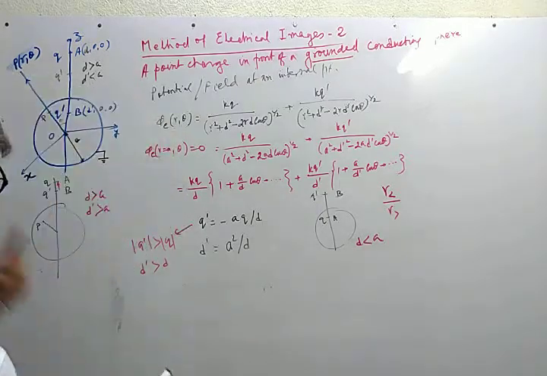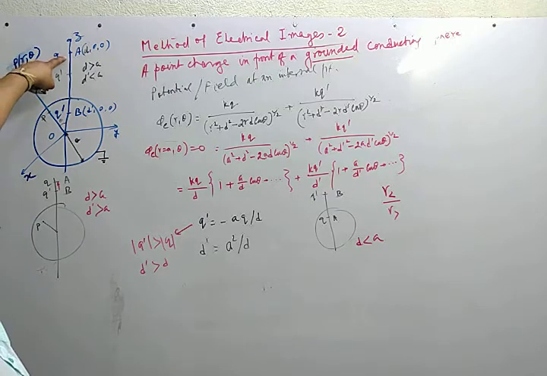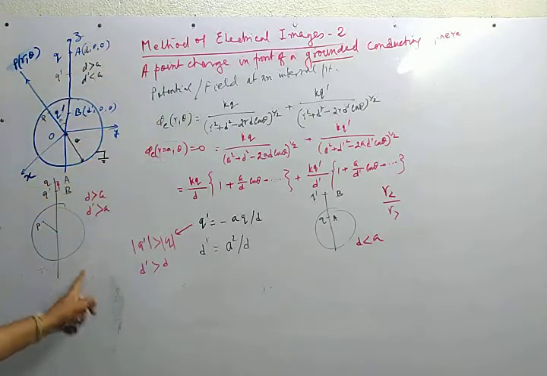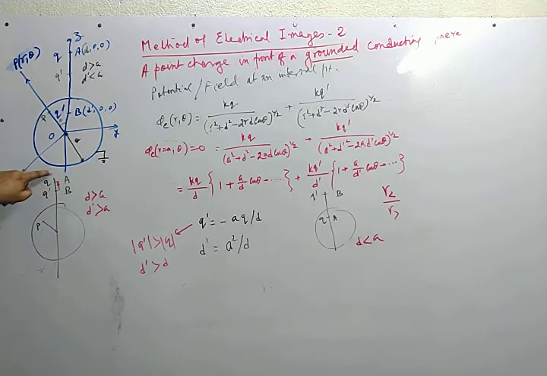One is that a point charge is placed outside the sphere, and we calculated the potential at an external point. Then we have also calculated when the point charge is at an external point and the field point lies within the sphere.